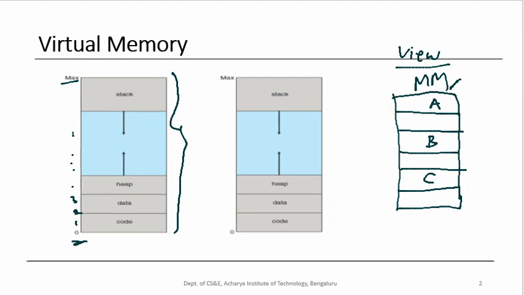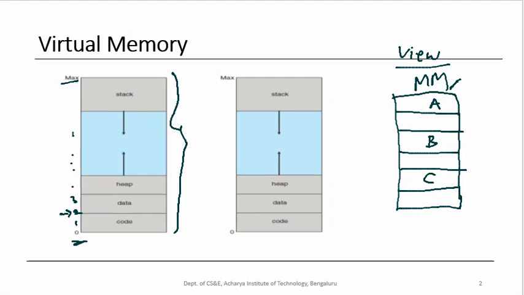But actually, when the CPU generates this address for a process, this address is translated into a physical address, the actual physical address, or you can also call it the absolute address of the main memory, to fetch the byte of data or instruction which the CPU is expecting.